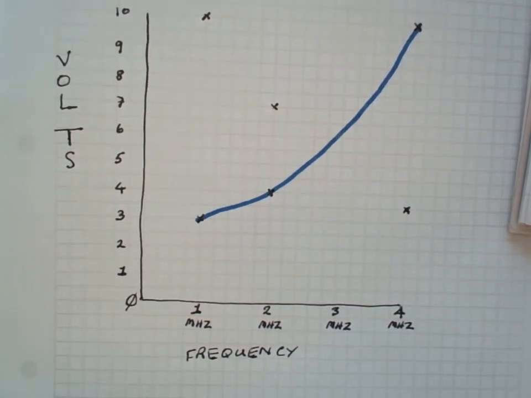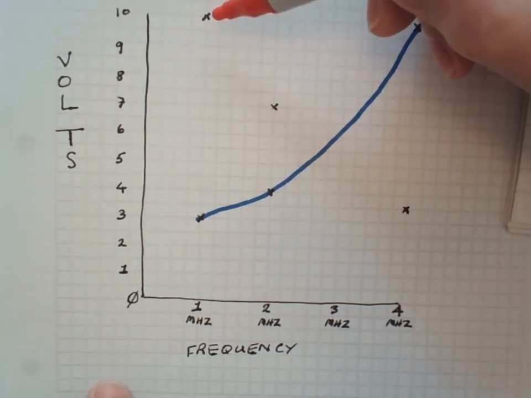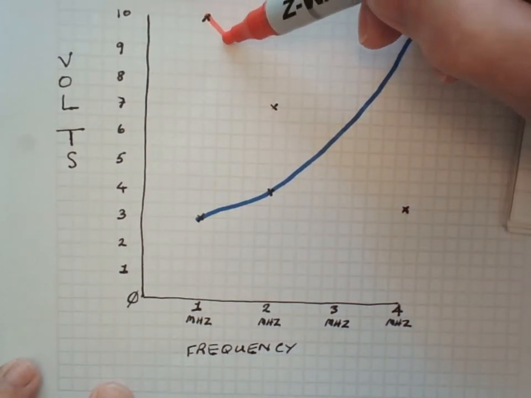So now I'm going to use a red pen to mark the inductor's inductive reactance. And it's almost a straight line, we can see.